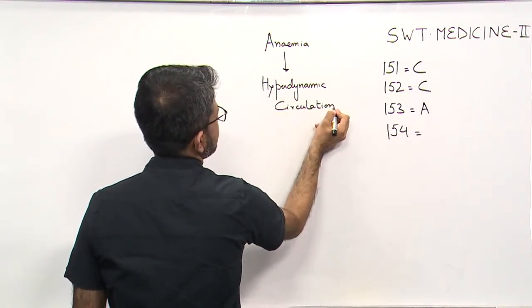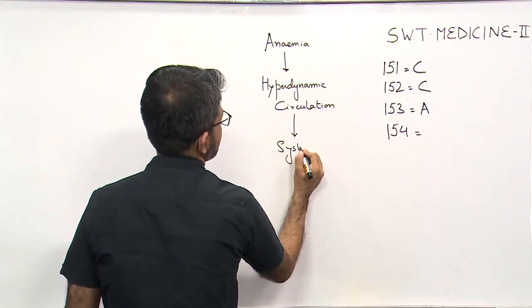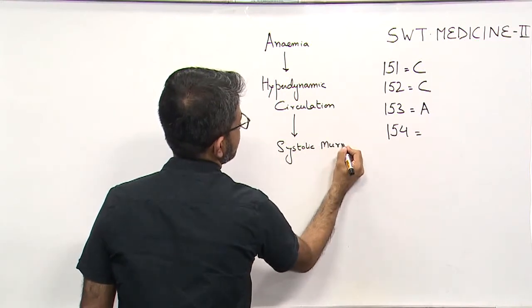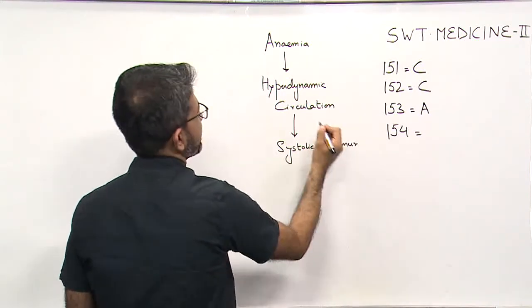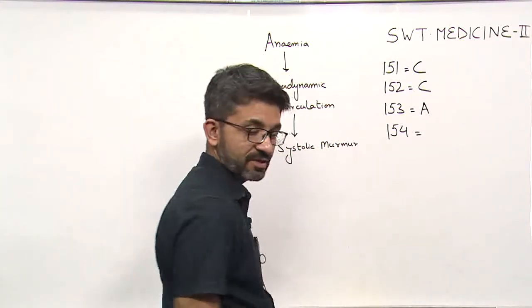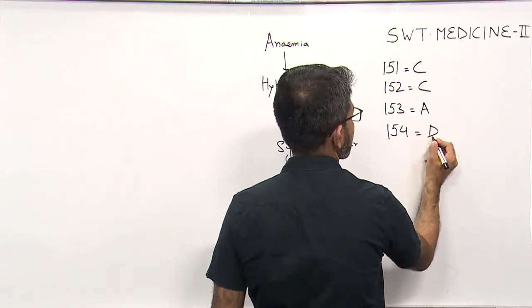And hyperdynamic circulation causes systolic murmur. You may have fatigue, you may have pallor, you may have edema, but you won't have diastolic murmur, you will have systolic murmur. So, the answer is D.